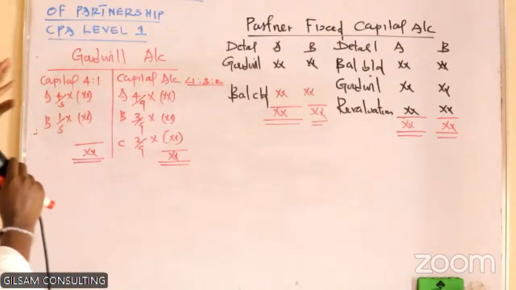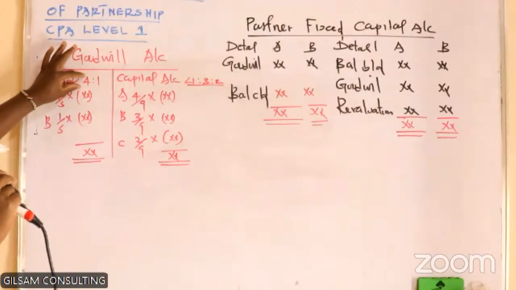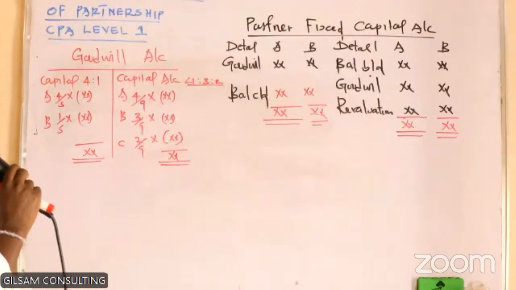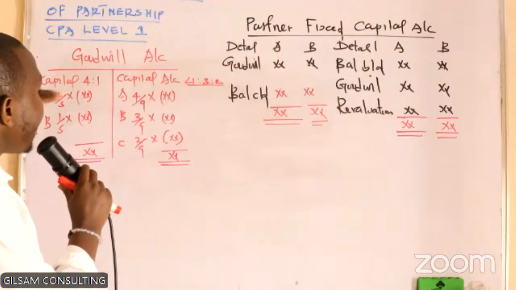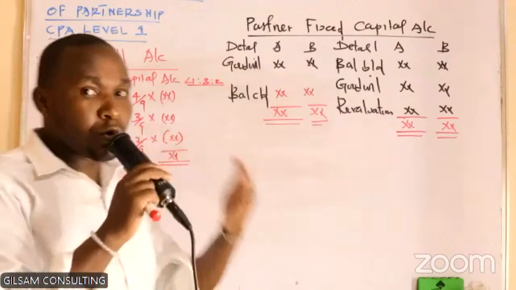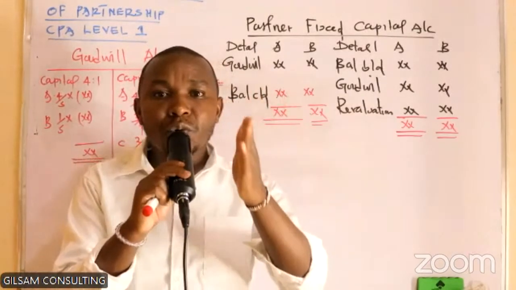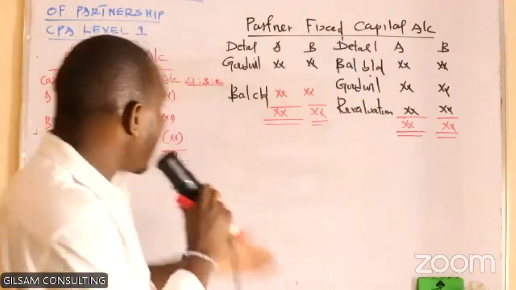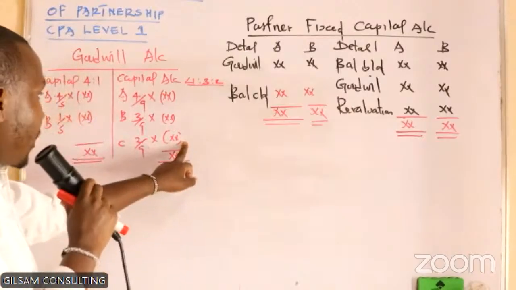So we will debit the goodwill with the old sharing ratio, that is, before the admission or the retirement of a partner. Then on the credit side, we will use the new revenue sharing ratio to distribute the value of goodwill.